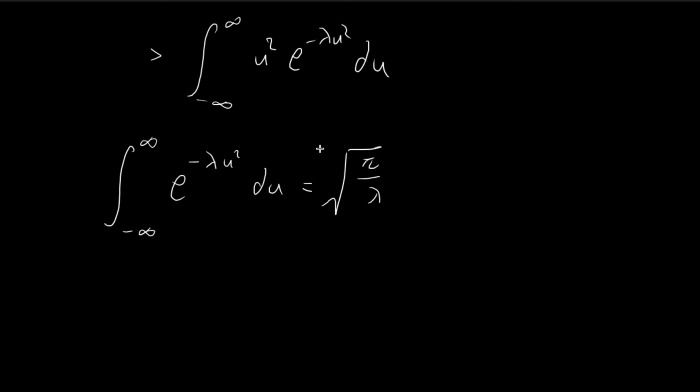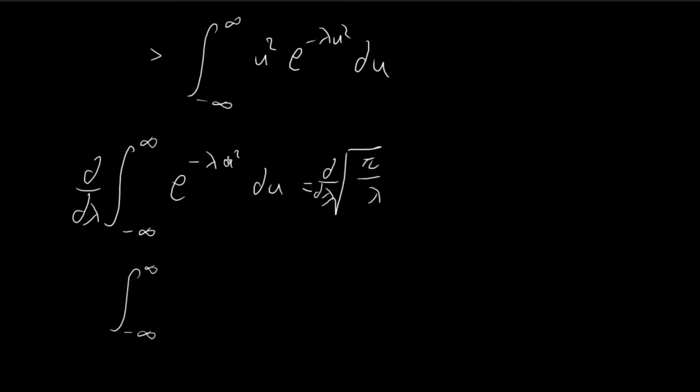So how can we use this result to arrive at the value of this integral? The trick is to differentiate both sides with respect to lambda. When you differentiate both sides with respect to lambda, for the left-hand side, this is an integral with respect to u, so I can just differentiate the term inside the integral directly.